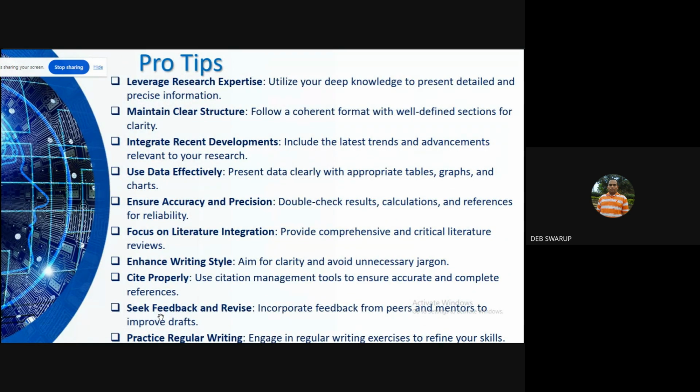Some tips from my end: leverage research expertise, use your knowledge and your expertise, and use precise information. Don't utilize broader research. Maintain a clear structure. Don't confuse yourself with other things while you are writing.